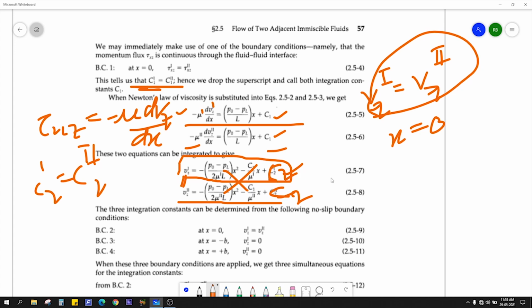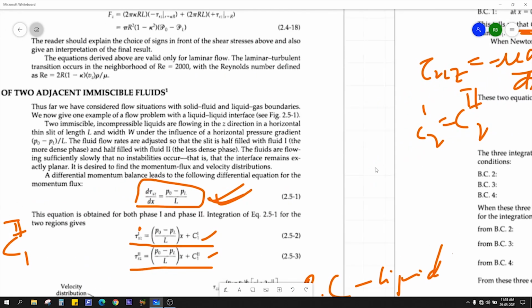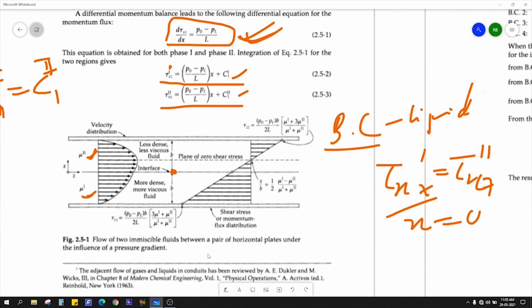You have to use the no slip boundary condition, for the liquid and solid interface. If you see the diagram, fluid 1 is at the bottom, so you have to use another boundary condition. Fluid 1, Vz1 is 0 at the wall, at x equal to minus b.